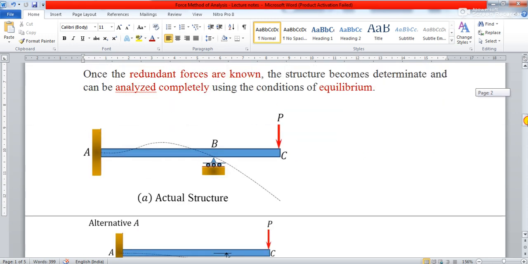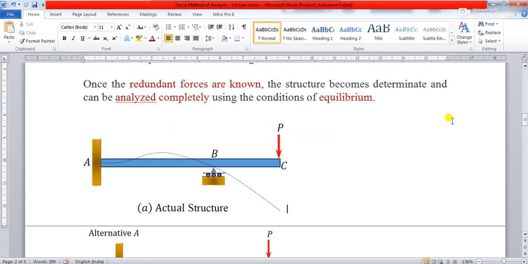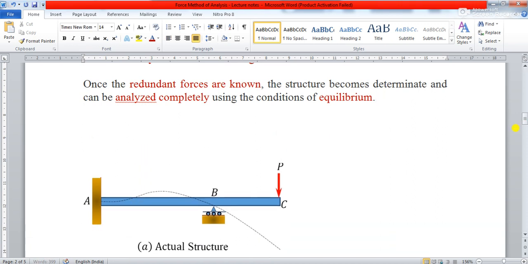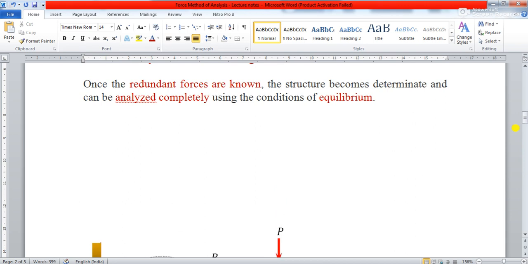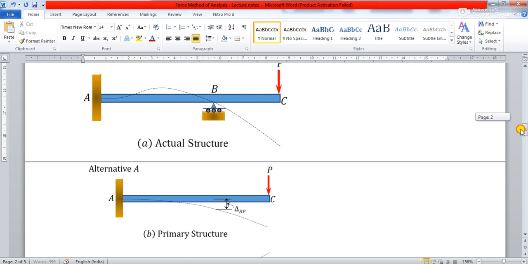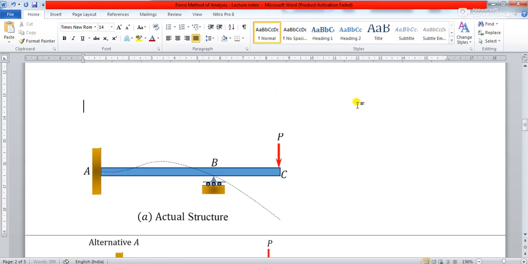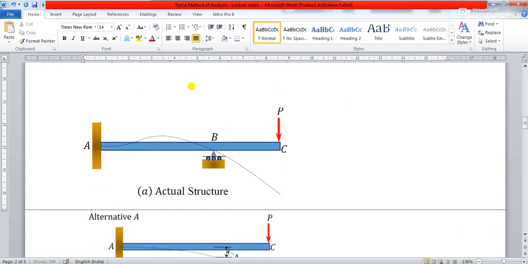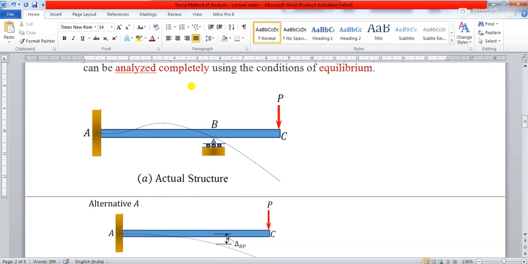Now let us try to understand, taking a very simple structure. Let us keep it as a problem. Can you see this beam, the actual structure drawn over here?